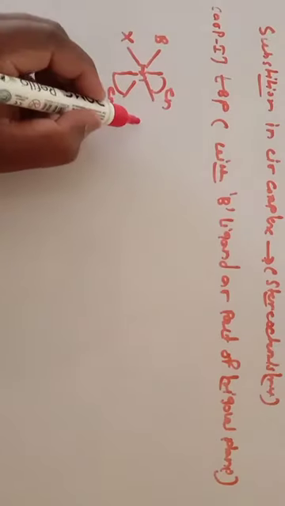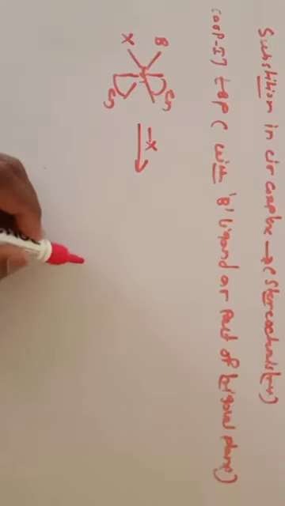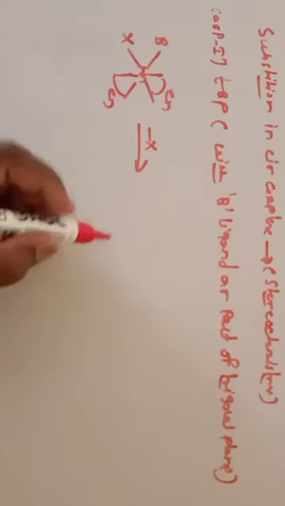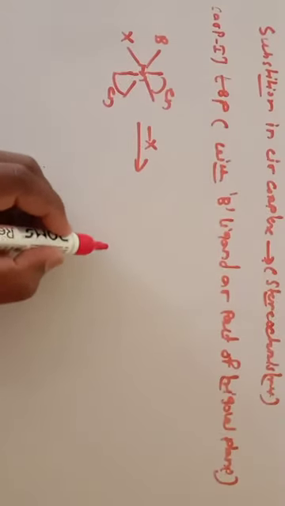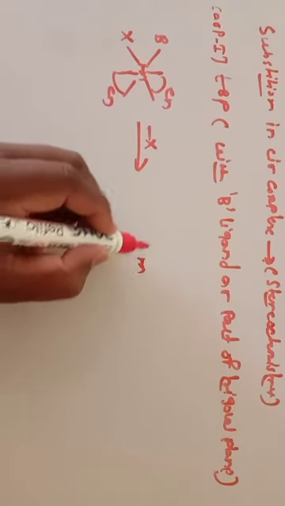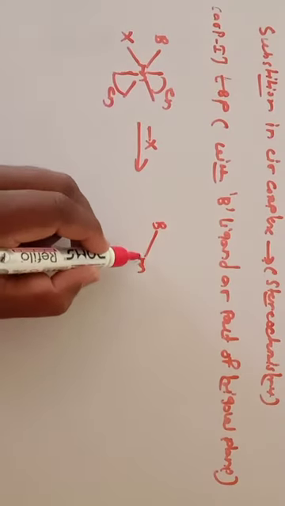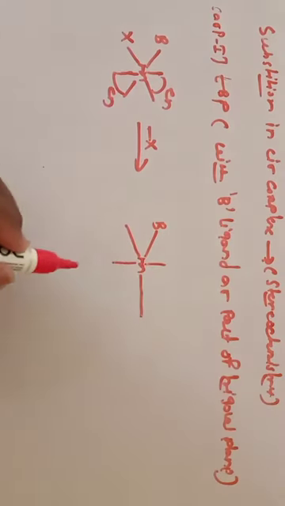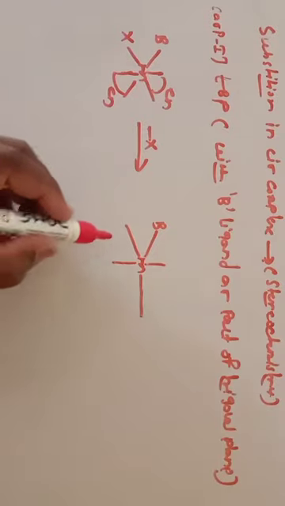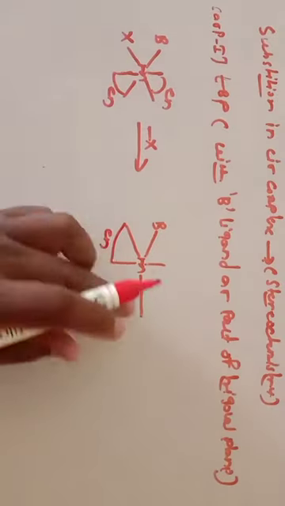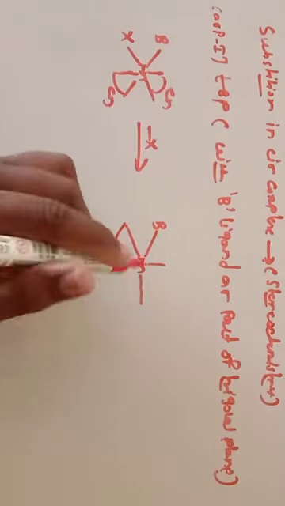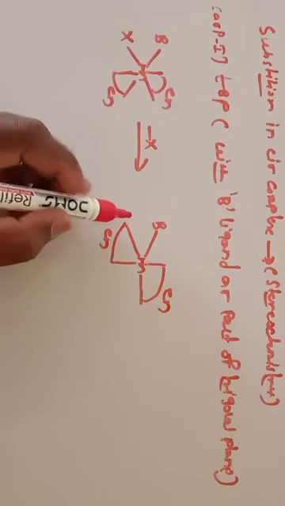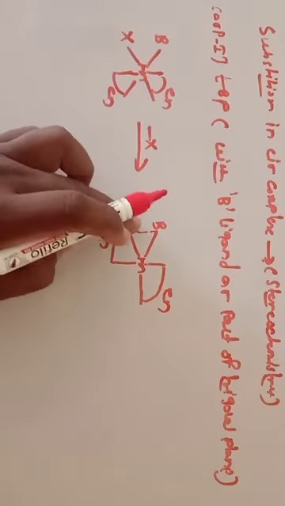After dissociation of X, the remaining ligands are arranged in such a way that we get the intermediate having trigonal bipyramidal geometry. So this is your metal, this is the B, and this is your en, and this is also your en.